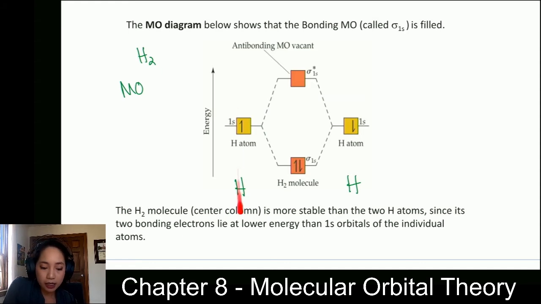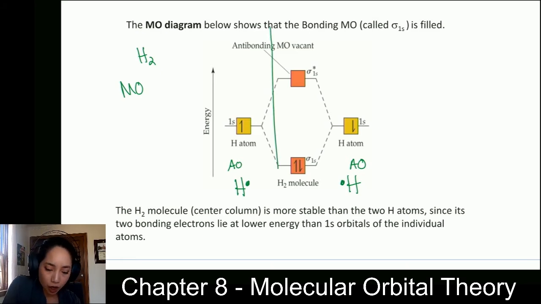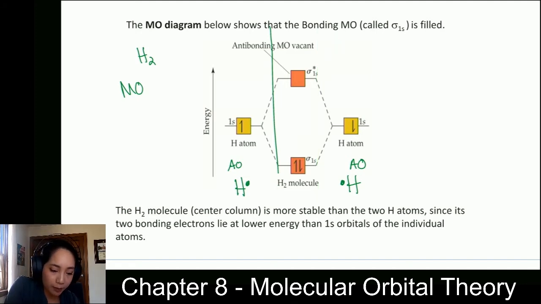In this column, you see the atomic orbital for the hydrogen atom, and then we see another atomic orbital for the single hydrogen atom on the other side, the other part of the diatomic molecule. In the center column, this is our molecular orbital, because when we bring together atomic orbitals, we make molecular orbitals, wherein we make our H2 molecule.